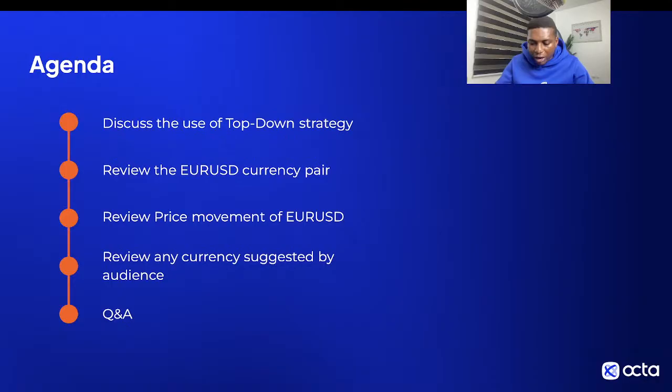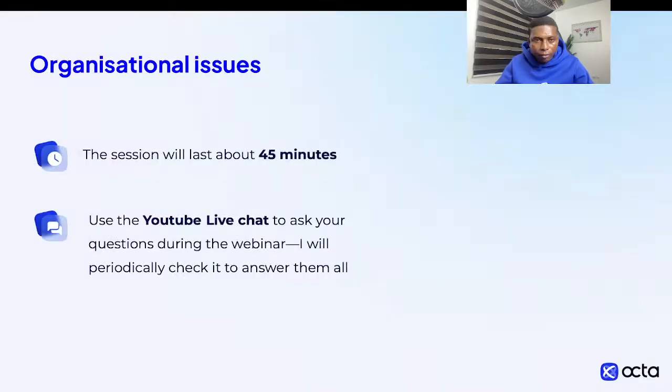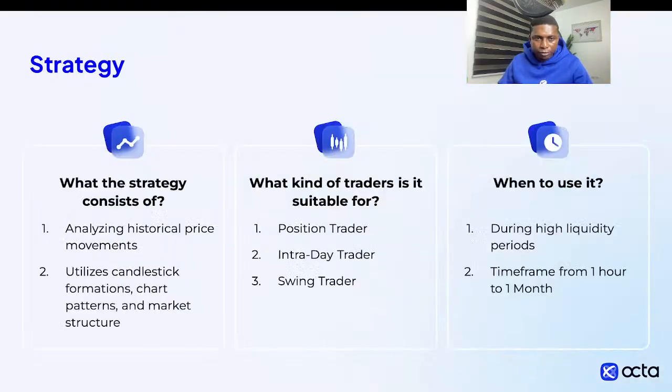All right, so this session is going to take 45 minutes, and you can always use the live chat to ask your questions during the course of the webinar. Our strategy is going to be focused on analyzing historical price movement, utilizing candlestick formation, chart patterns, and market structures.